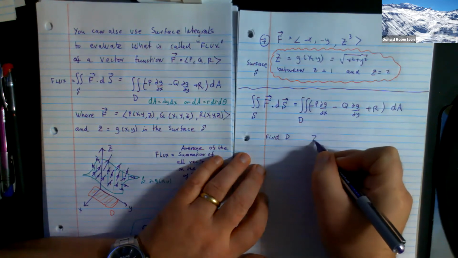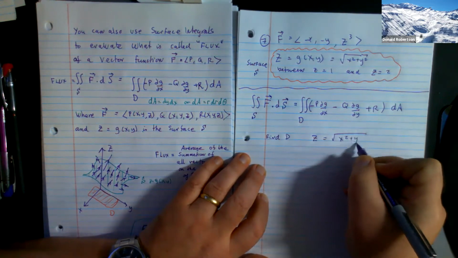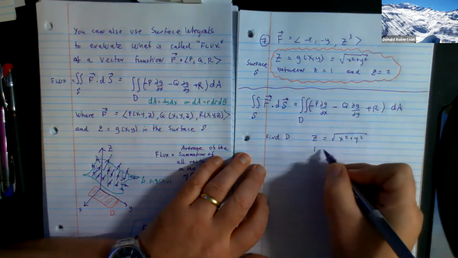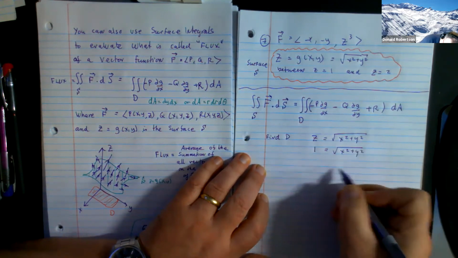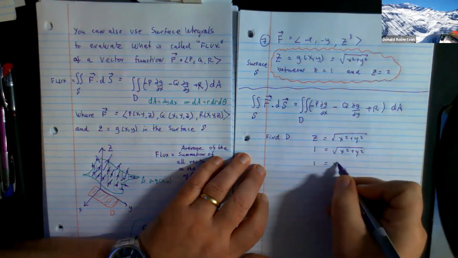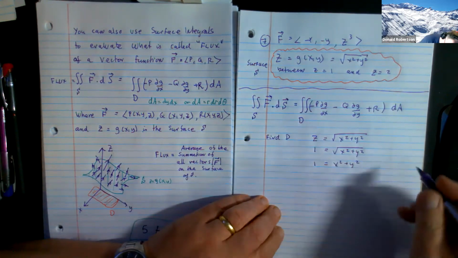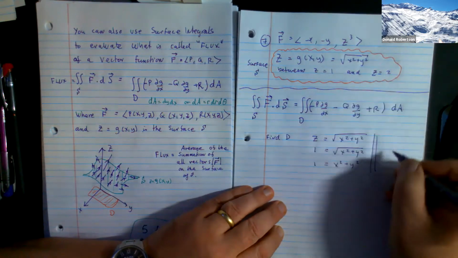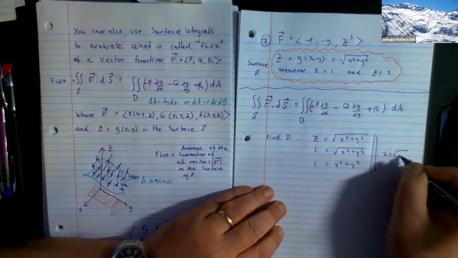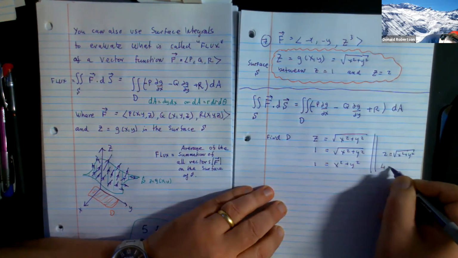Well, we know that Z is this guy. And we're told Z equals 1, which gives me this guy. But if you rearrange that, isn't it the same as saying that? And then if we take Z equals 2, we get this guy.